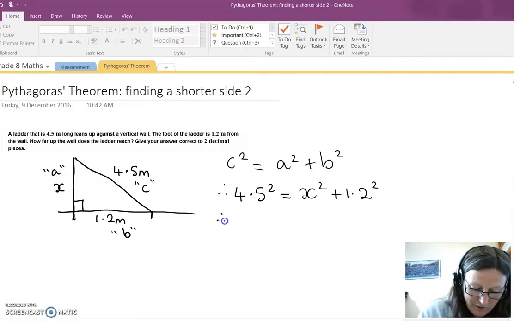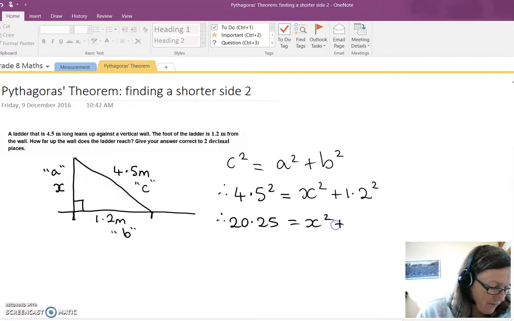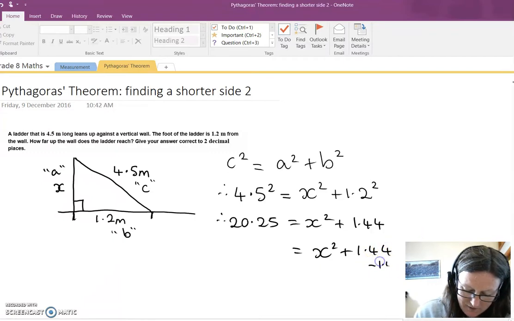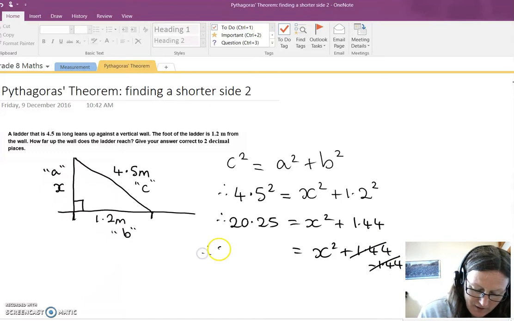What we then do is evaluate 4.5 squared, which is 20.25, equals x squared plus, we evaluate 1.2 squared, which is 1.44. I can subtract 1.44 from this side, which means that cancels, and that's okay to do as long as I also subtract it from the other side.